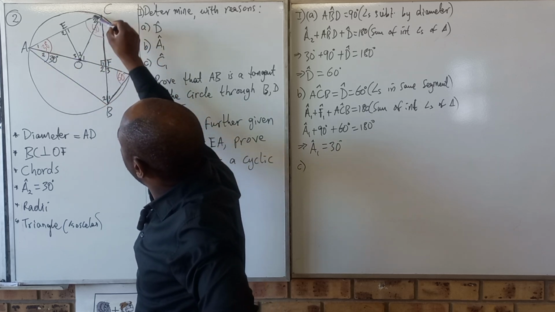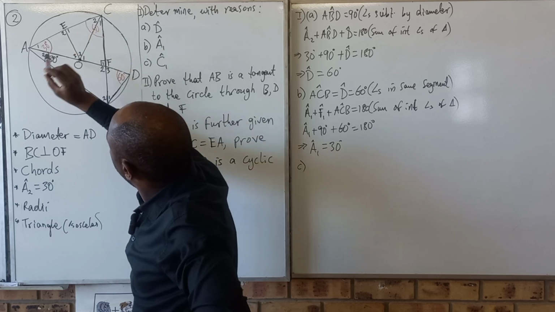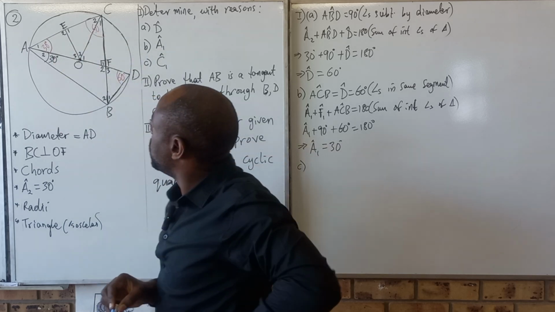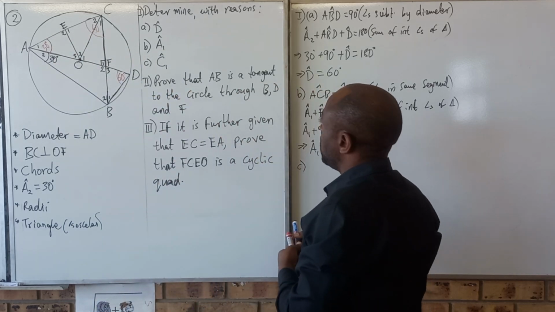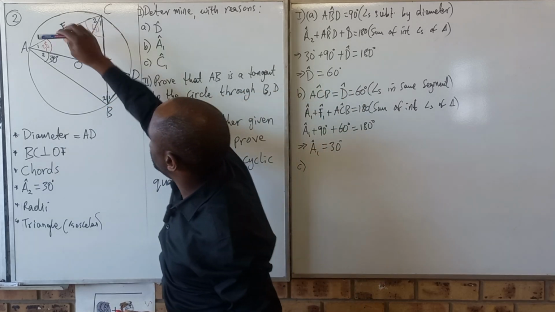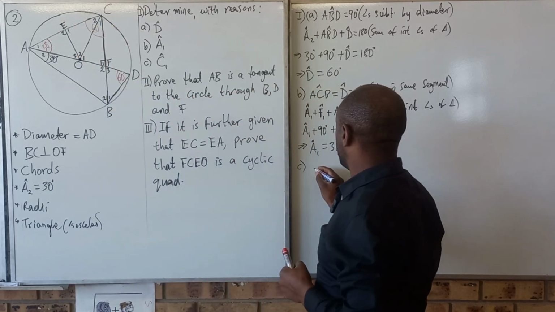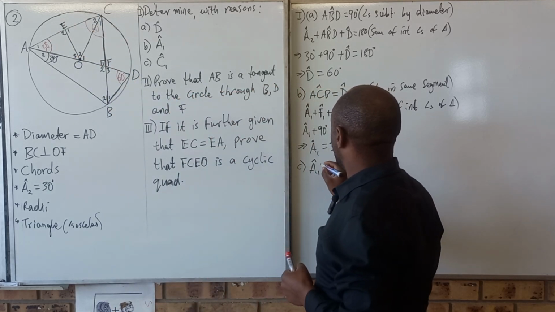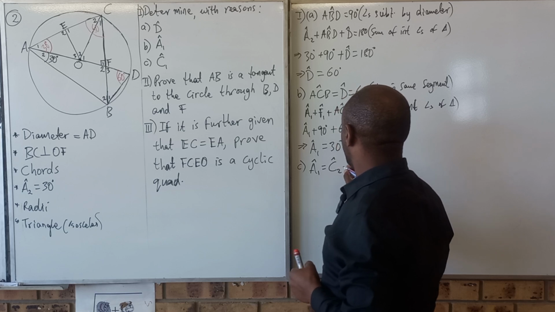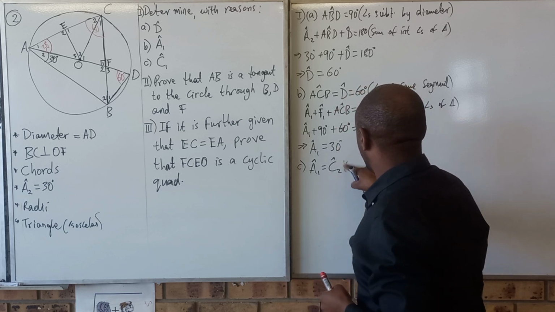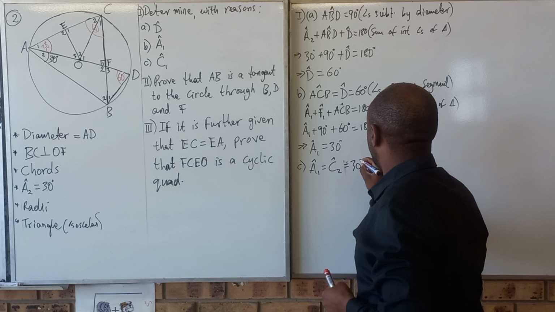So by the definition of isosceles triangle, A1 and C2 are supposed to be the same. So I can quickly say, you see, because we put our A1 there, it helps us to see that fast. So I can see that A1 is equal to C2, and that is equal to 30 degrees.